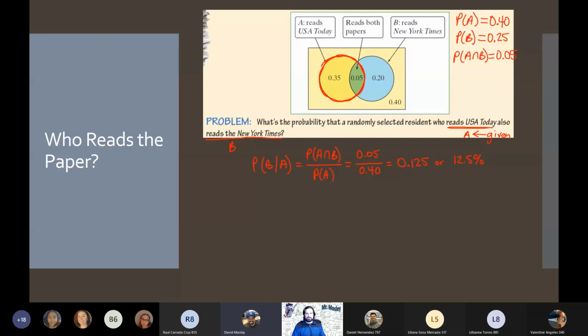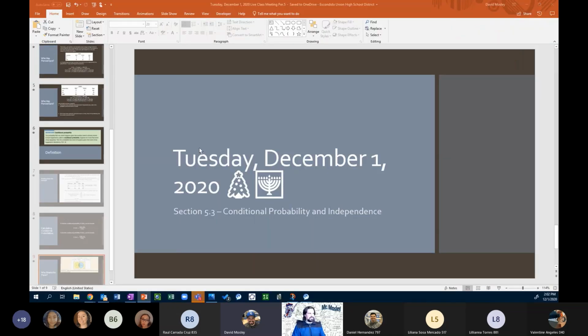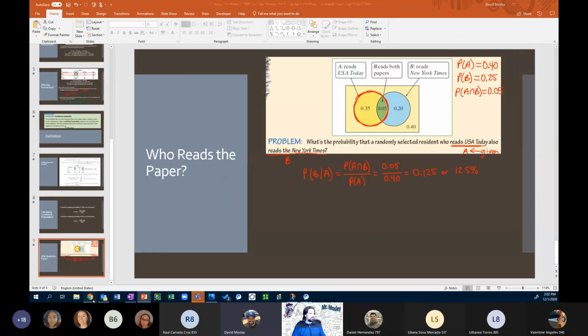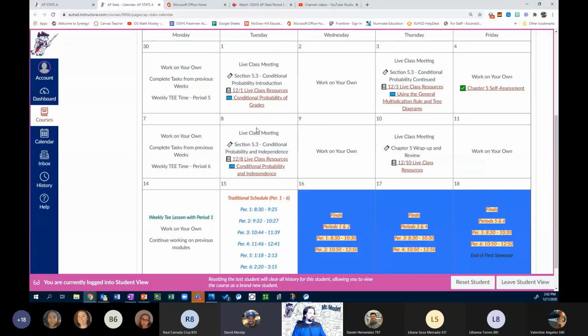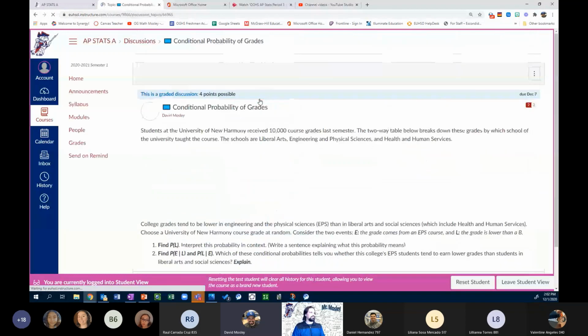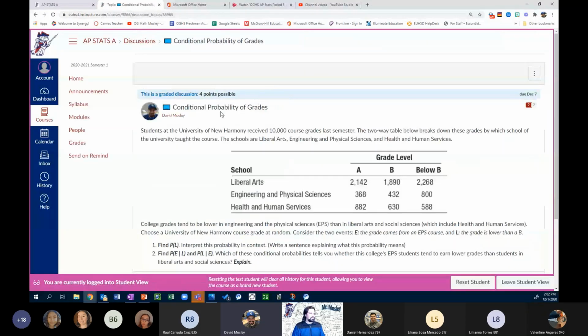So then, at the end of the slideshow, I'm going to look at the discussion board for today, which is the conditional probability of grades. Right. So here's our context. We have students at the University of New Harmony who received 10,000 course grades last semester. The two-way table below breaks down these grades by which school of the university taught the course.